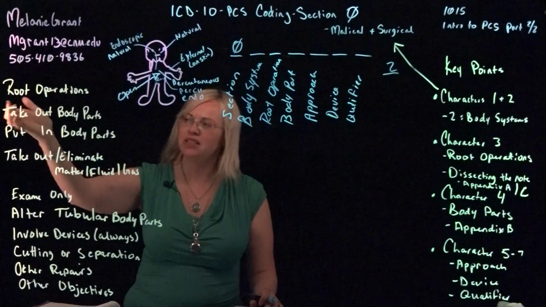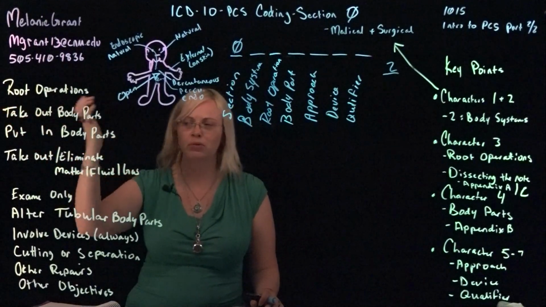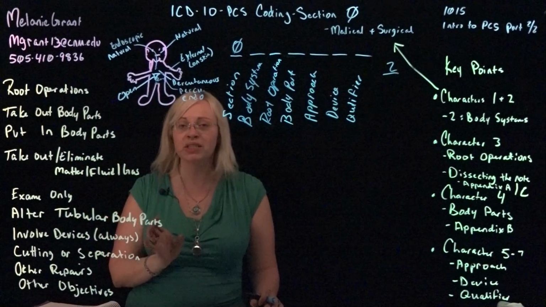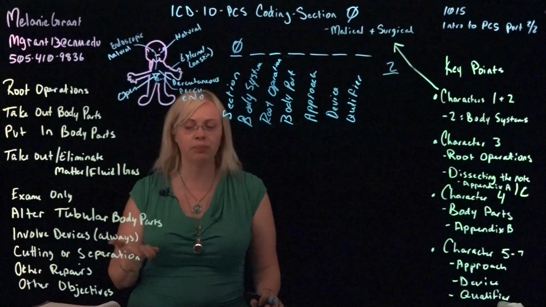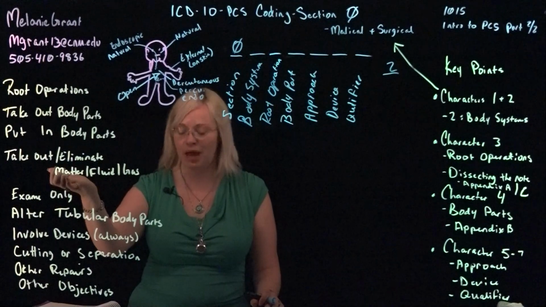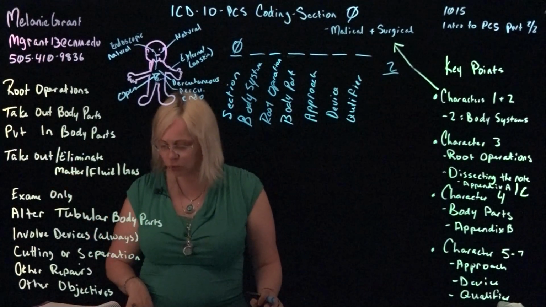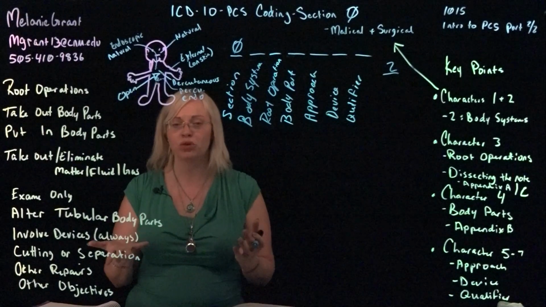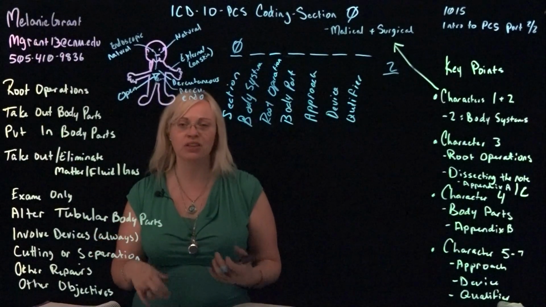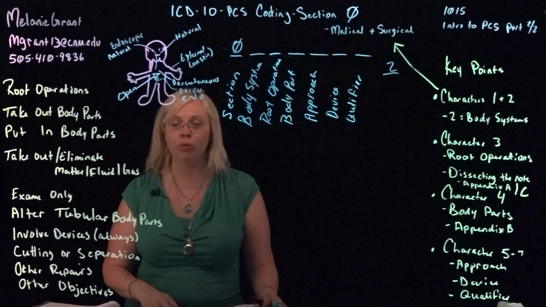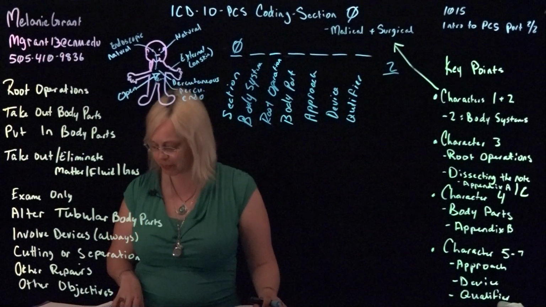And so this will be very similar to your first couple of root operations for taking out body parts, but the difference is, what are we taking out? We're not removing a body part, we're removing a solid matter. And then the last one is fragmentation, which is where we break some sort of solid matter into pieces in order for it to be able to move out on its own or with an additional procedure.